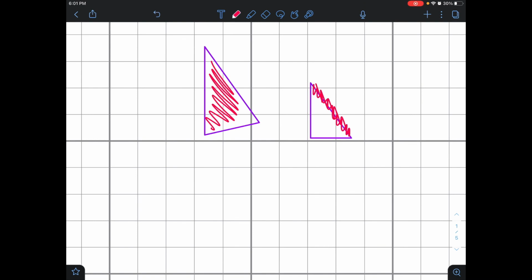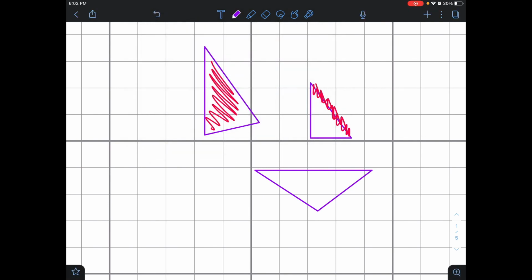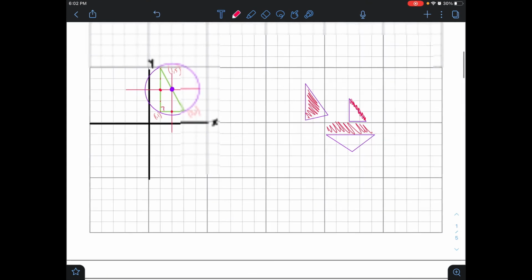It's going to be anywhere on that line. And finally, if you have an obtuse triangle, that means the circumcenter is always going to be on the outside of the triangle. Even if it doesn't look right, that's where it goes.